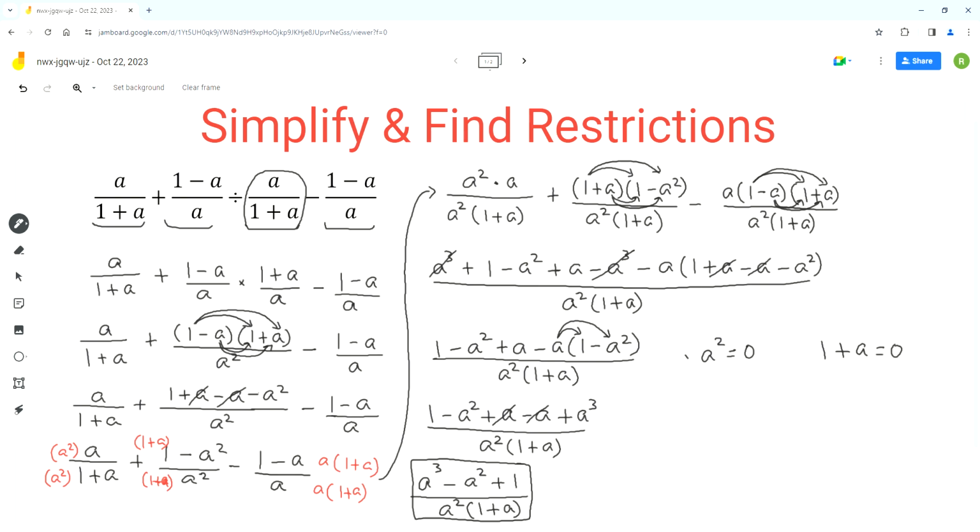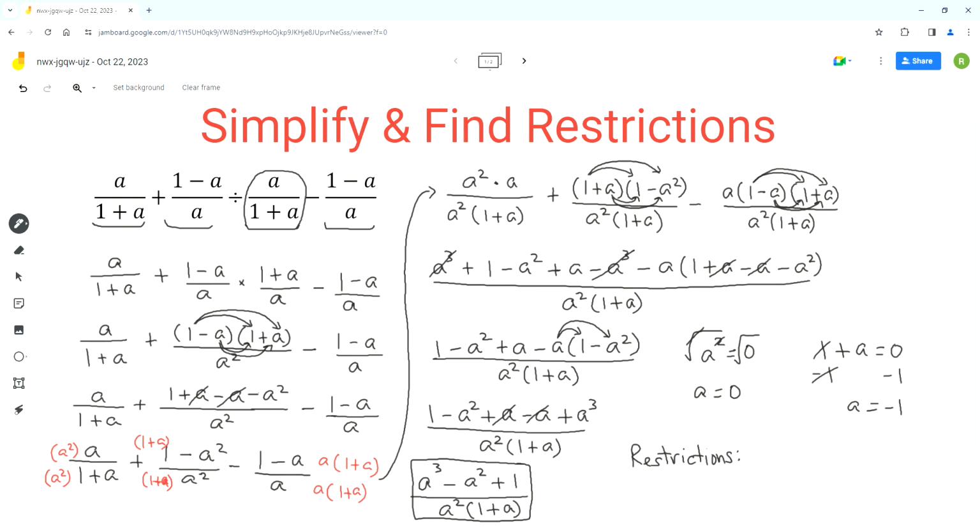For this one, we first apply the square root to both sides. The square and the square root cancel each other out. So we get a equals 0. And then for this one, we subtract 1 from both sides. So we get a equals negative 1. So there are two restrictions for this expression.